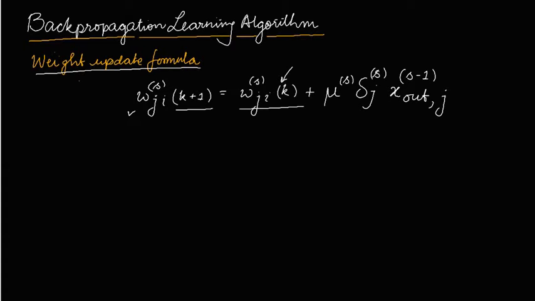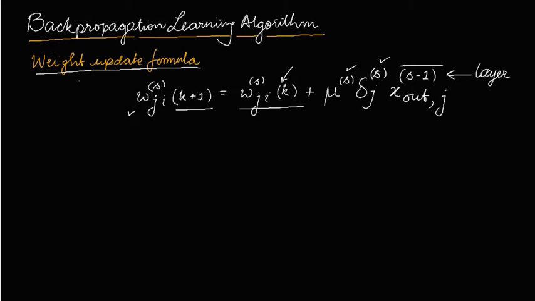Here we need to pay attention to the superscripts. So mu has the superscript s, delta j has superscript s, and similarly the output also has a superscript, but it is not the same as these two, rather it is s minus 1. These superscripts correspond to the layer, the hidden layer.